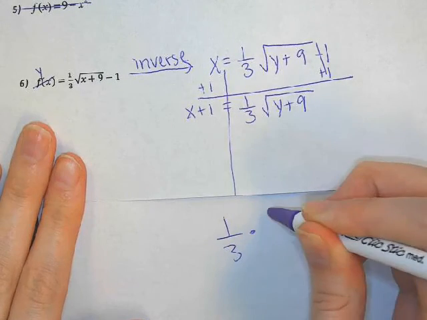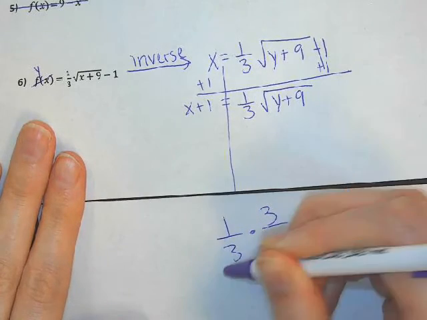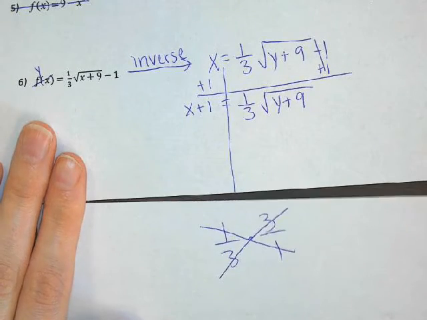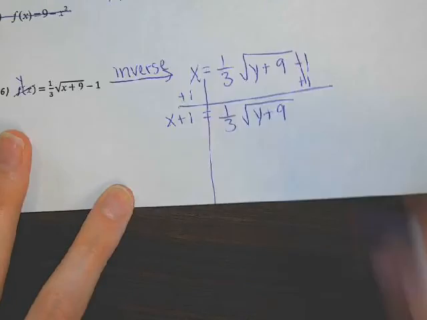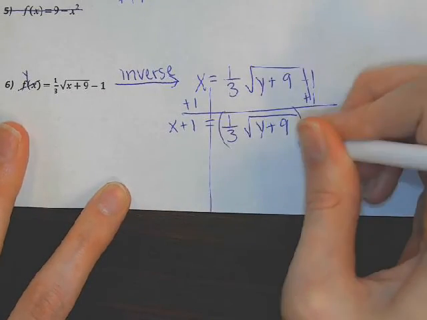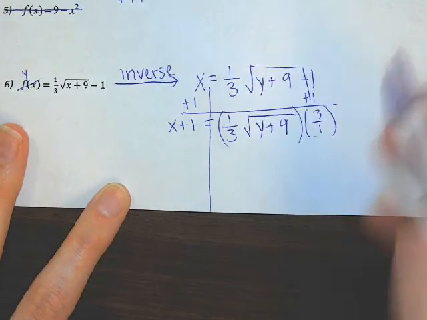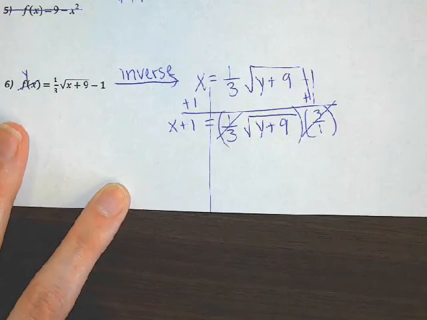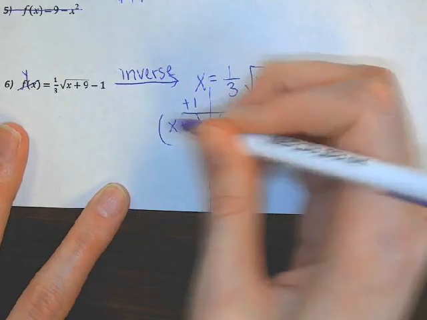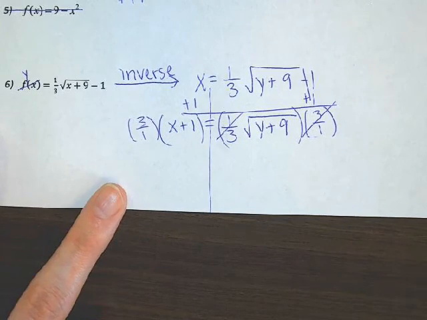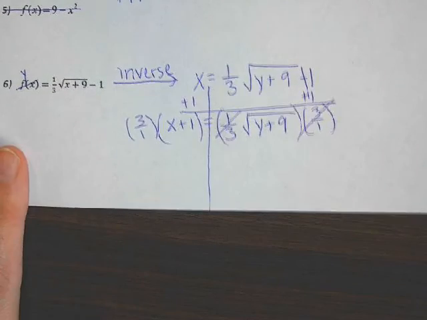If I multiply it by 3/1, well, 3 divided by 3 goes away. 1 divided by 1 goes away, right? So if I want to get rid of 1/3, I'm going to multiply it all by 3/1, which means if I do that to the right side, I'm going to do the same thing to the left side. Questions right now on how I got rid of the 1/3?